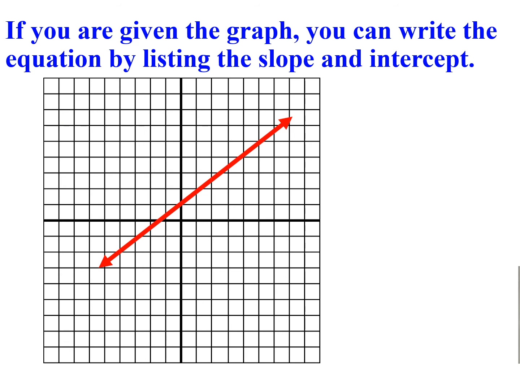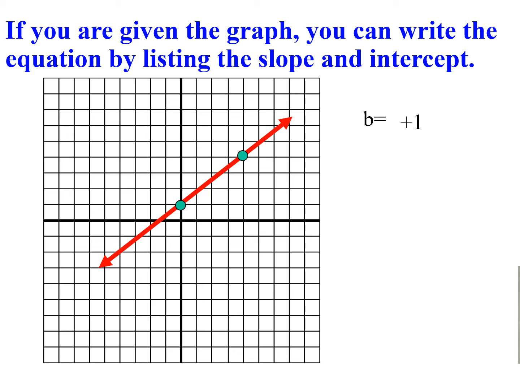All right, so if you're given a line on a graph, you should be able to write the equation. You're going to have 2 points marked on there, and you can use your equation. What's the intercept? Remember what we just did. So that would be +1.